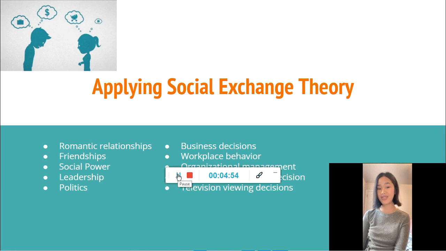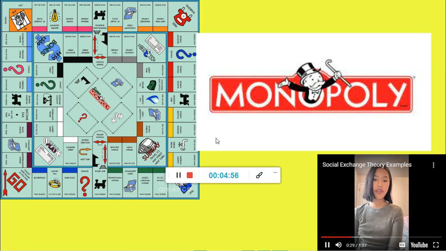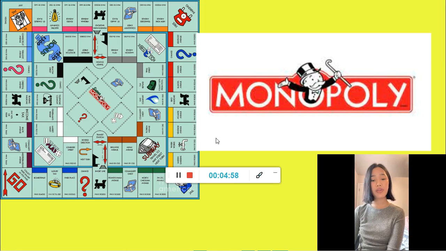When I think of social exchange theory, I can't help but relate it to the game called Monopoly. Monopoly is all about maximizing your rewards by buying the best properties and increasing your benefit with houses and hotels. The rewards don't come without the cost because other players are also trying to gain and buy the properties around you.